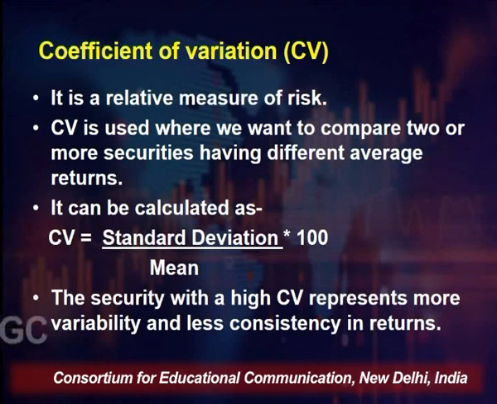Coefficient of variation is used where we want to compare two or more securities having different average returns, right? I mean, the average return over a period of 20 years in one asset is, say, 12%. In the other, it is 14%.